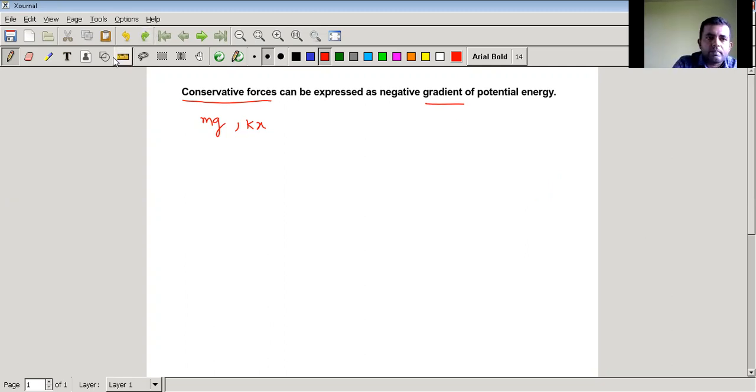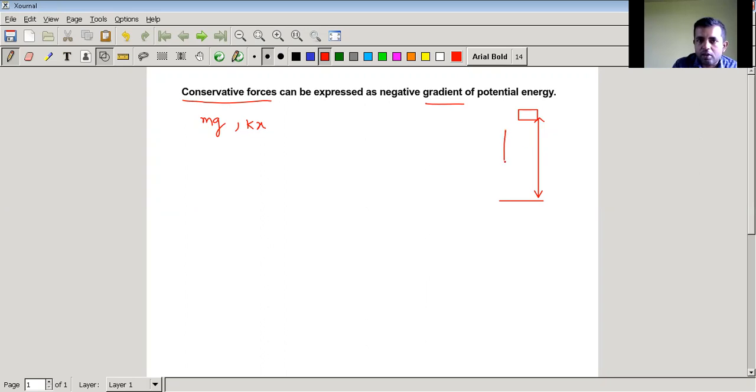Let us understand the meaning of gradient. If this is the ground and you put something here, we know that potential energy increases, so this is a positive gradient of potential energy. It means if you subtract potential energy here and here, you will get a positive value.